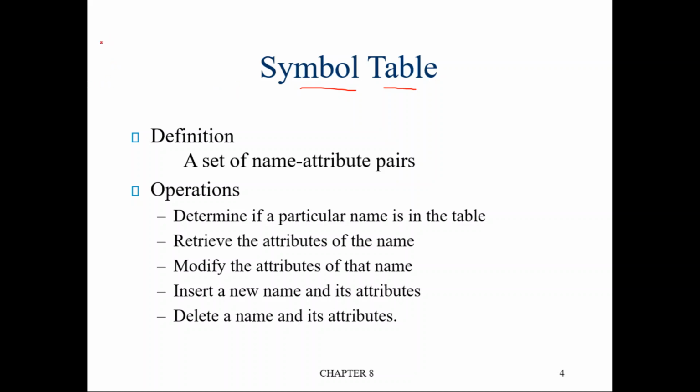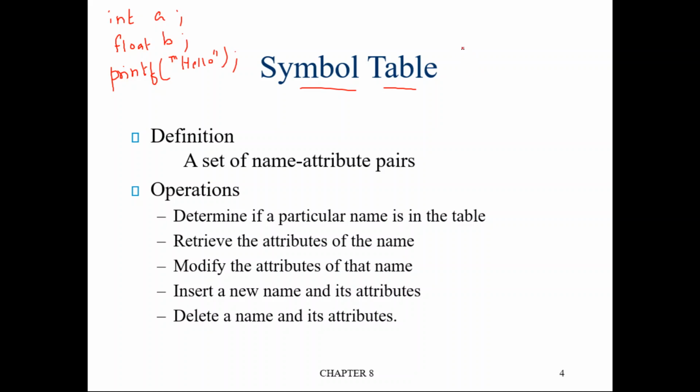Symbols are whatever variables or keywords that we use in a program. For example, in a typical program I'm using int a, float b, printf hello. Now for this, a symbol table will be created.